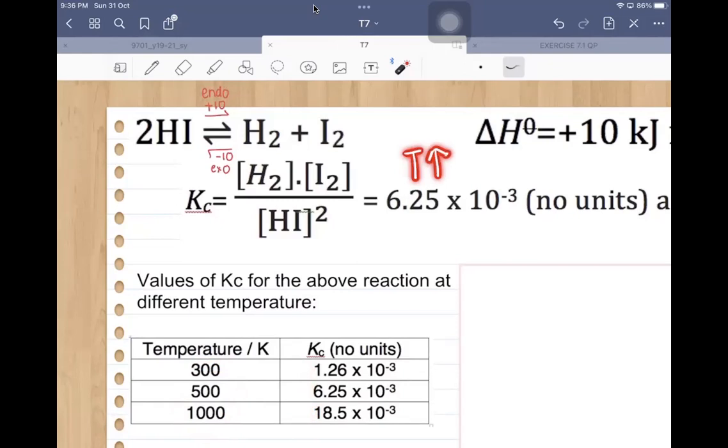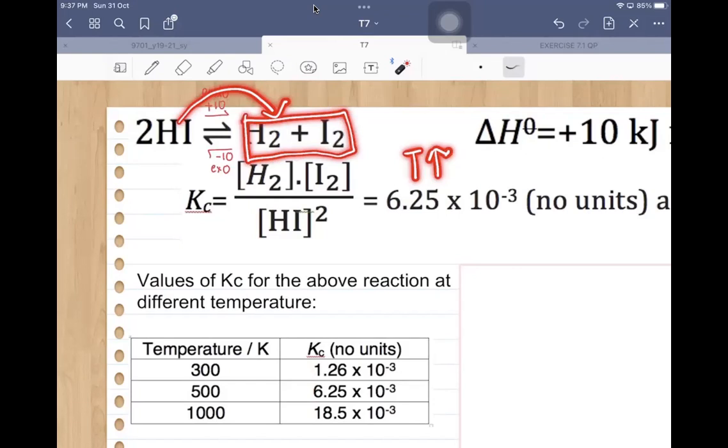In order to reduce the temperature, the endothermic reaction has to be favored to take in the extra heat, to absorb the extra heat. So what happens is that endothermic reaction is favored. Okay, so that's the forward reaction. Endothermic reaction is favored, which means you have more products in your equilibrium, right?